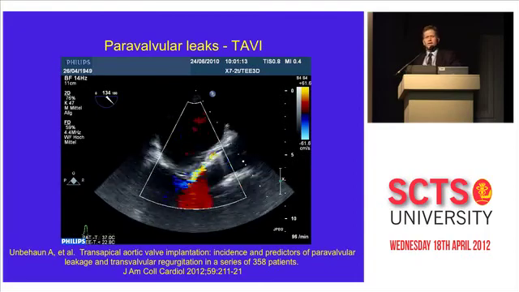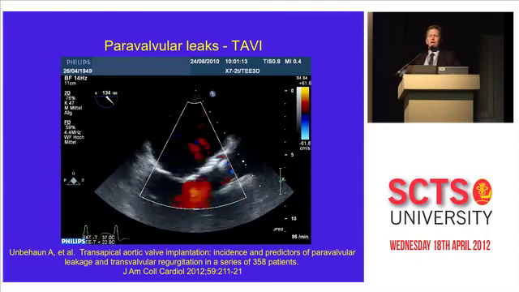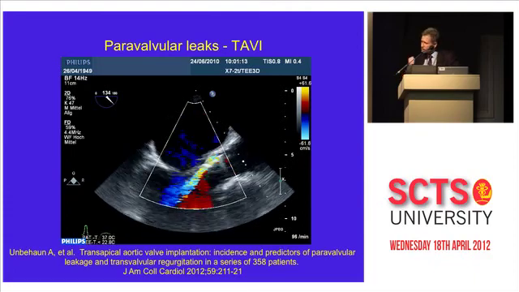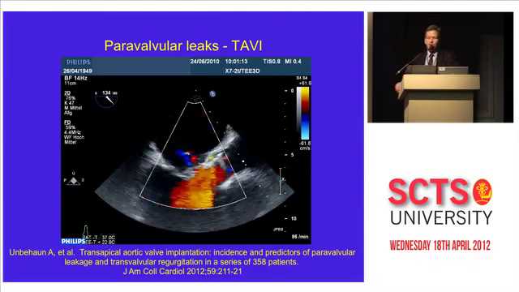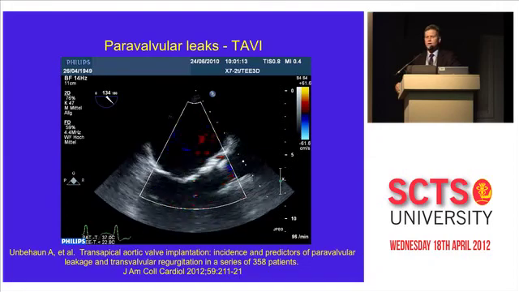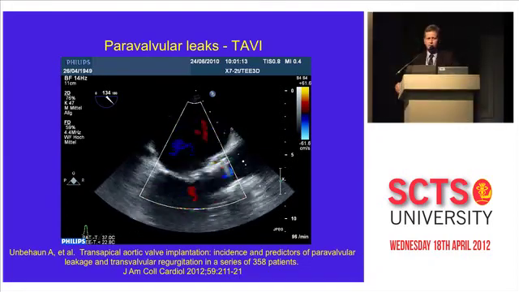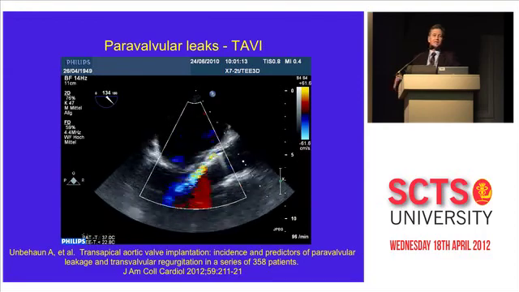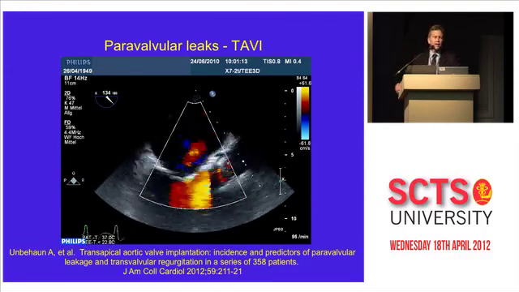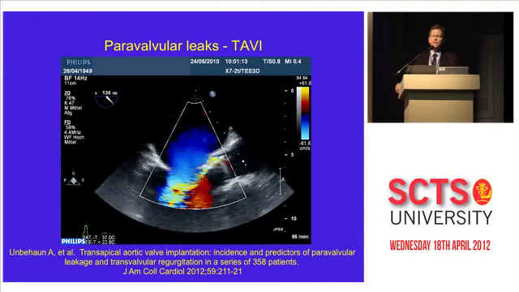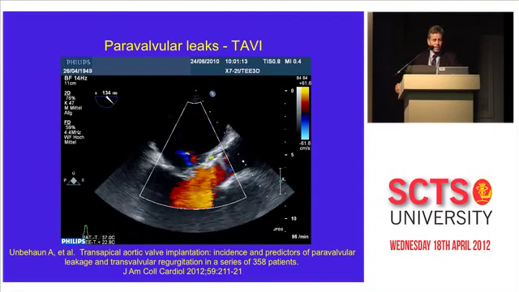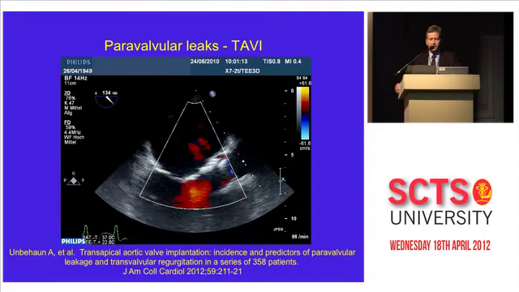over the past 2 years, the numbers of publications have just exploded on paravalvular leaks. And why is that? Because everybody sort of performs TAVI procedures, percutaneous procedures. Where previously it wasn't even reported in the surgical and cardiology literature, suddenly there are over 200 publications over the past 2 years on paravalvular leaks.